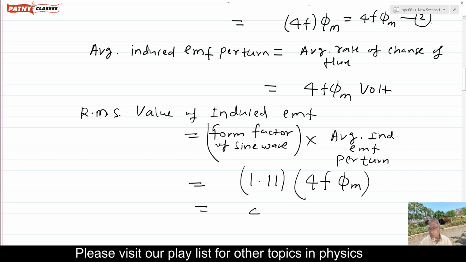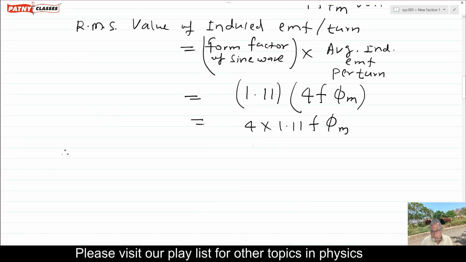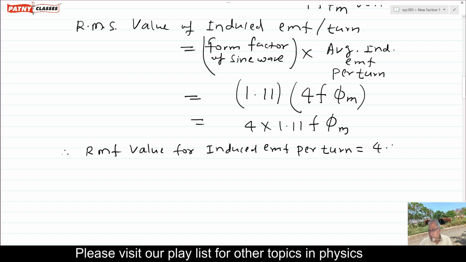So that equals 4 into 1.11 f into phi m. Therefore, the RMS value of induced EMF per turn equals 4.44 f into phi m.